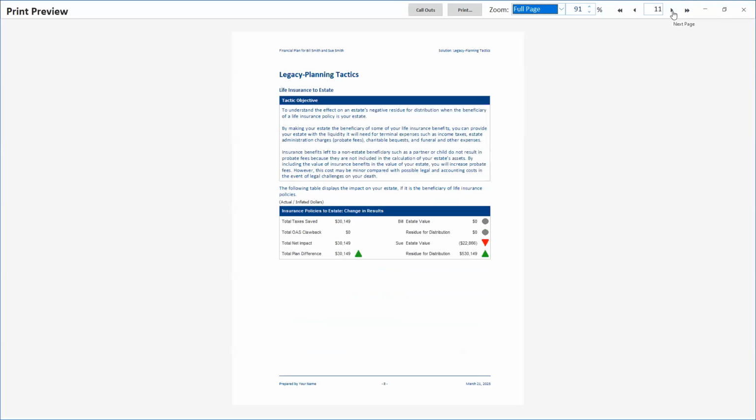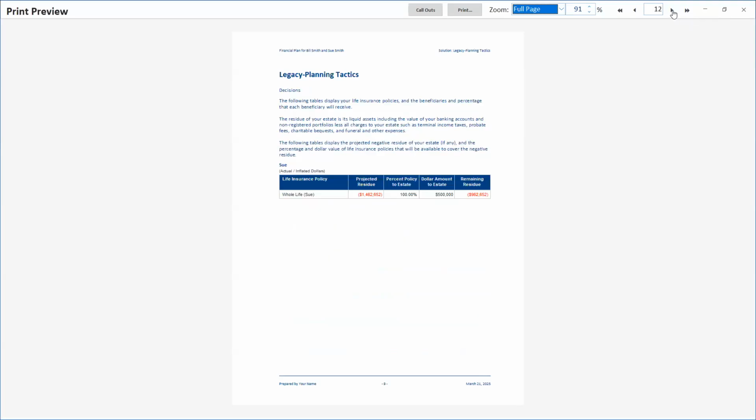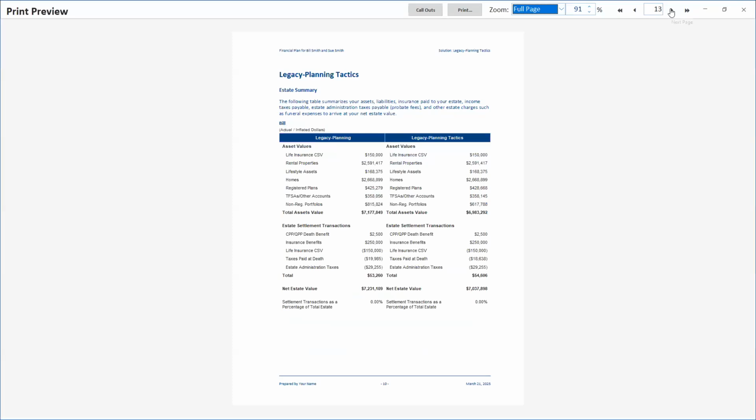And then we can get into things like life insurance, where again, it's a $500,000 policy, which reduced the residue down to 962. So this remaining residue, whatever table you look at, is the effect of all of the different tactics that were applied.